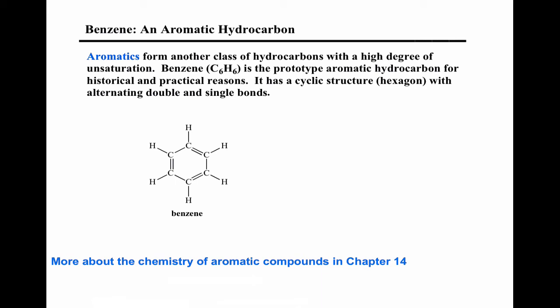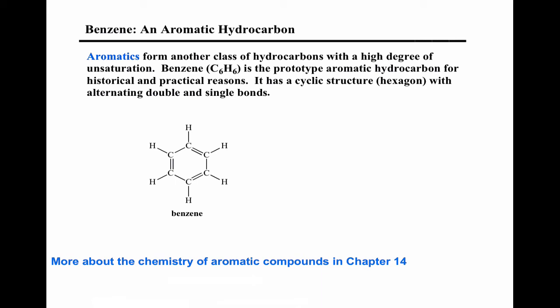Looks like an alkene. Looks like a bunch of carbon-carbon double bonds. It does not react or behave like carbon-carbon double bonds. And that's why it's separated out as what's called an aromatic compound. We'll talk more about that in another chapter. But it is a hydrocarbon. It contains nothing but hydrogen and carbon.